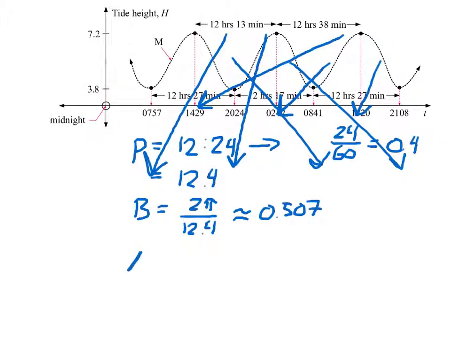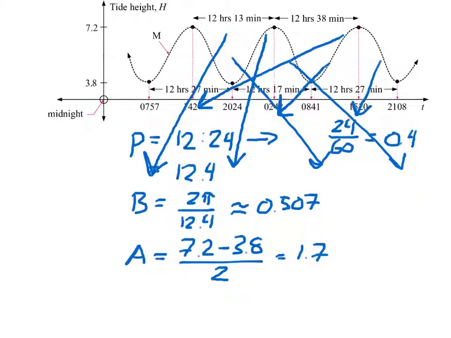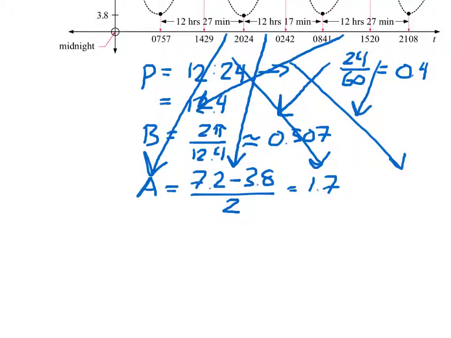So to find A, I subtract the minimum from the maximum, and I divide by 2, and that's going to get me 1.7. For D, I add the two together, 7.2 plus 3.8 divided by 2, and that gets me 5.5.